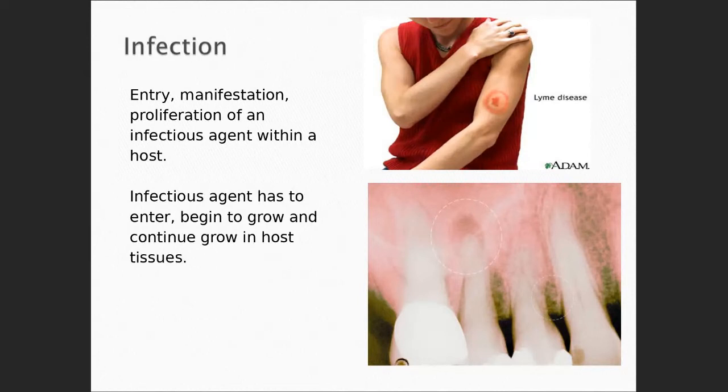If the organism gets in there and doesn't grow, then you're not having an infection. All the antibiotics that we looked at really stop the growth processes of those microbes, so it halts the growth process. Therefore, it halts the infectious process.